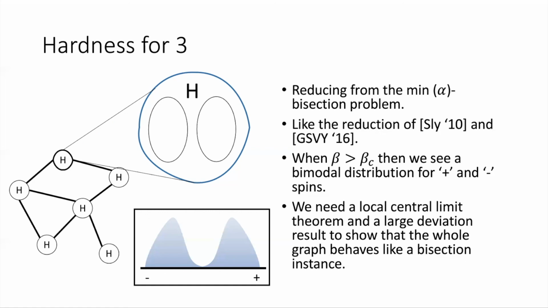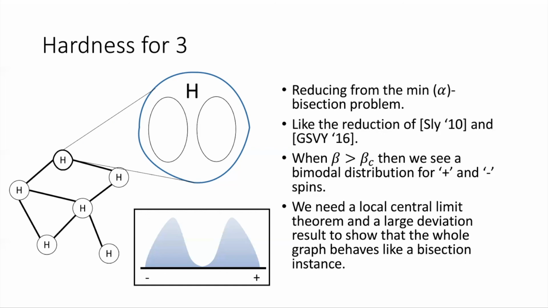We connect them together and we show that for beta greater than beta critical, we have a bimodal distribution here for the Ising model. So this graph with high probability is either going to be all plus or all minus, since beta is greater than beta critical. We then show a local central limit theorem and a large deviation result that shows the entire graph, the collection of these gadgets, behaves like that too.